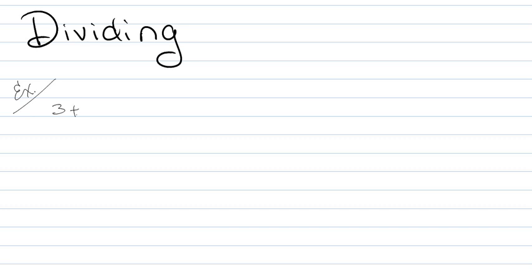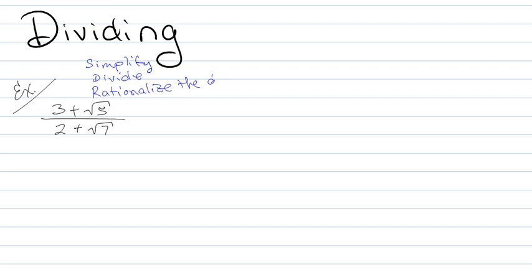If you remember back in the day when you and square roots were, I don't know, buddies, you might have a problem like this. Then you'd have some set of instructions that would say something like simplify, or divide, or the ever-dreaded rationalize the denominator.